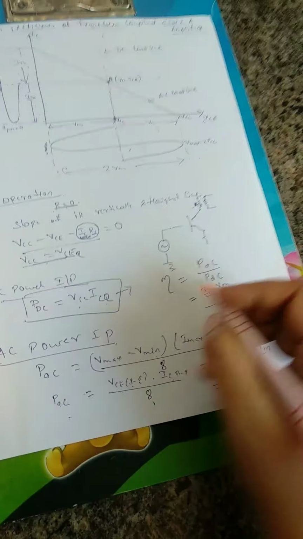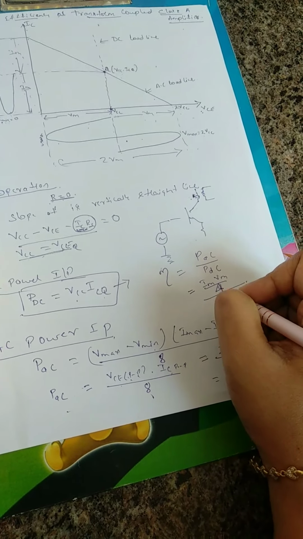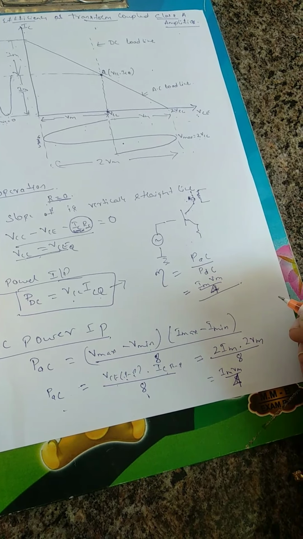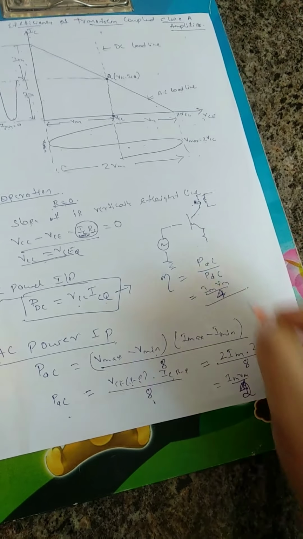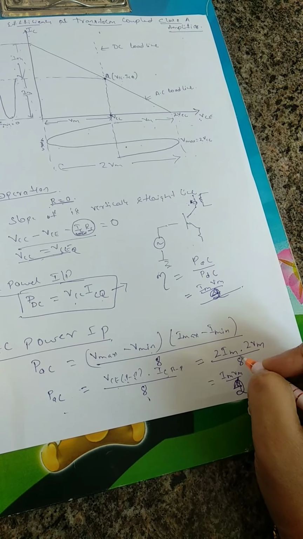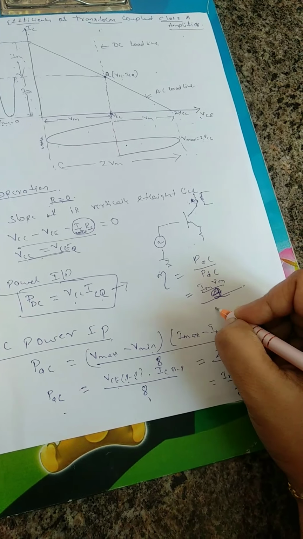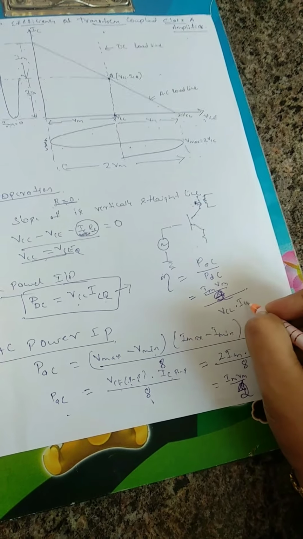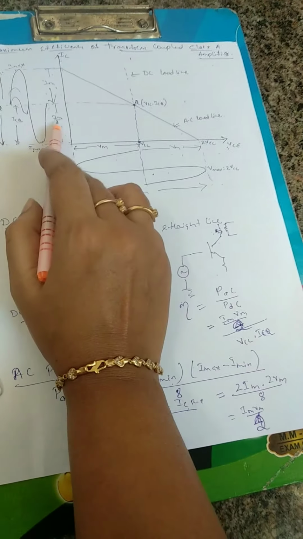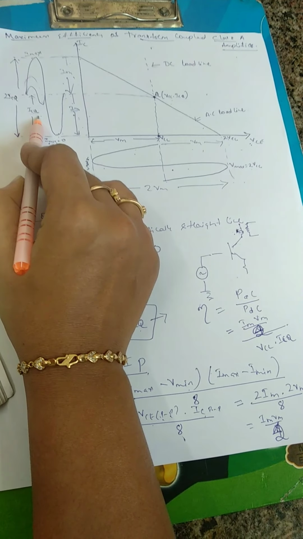Sorry, not 8, 4. Not 4, it is 2. 2 2s are 4, so PAC is Im into Vm divided by 2. Now divided by PDC. What is PDC? VCC into ICQ. What is Im? Im is just ICQ. What is Vm?